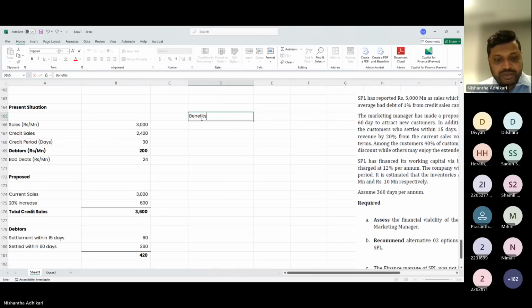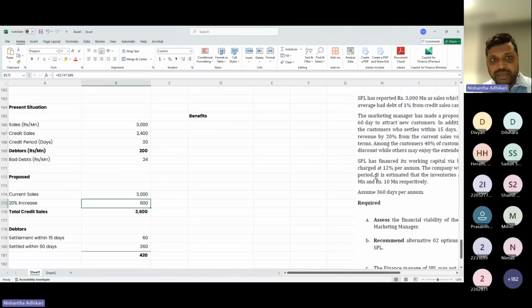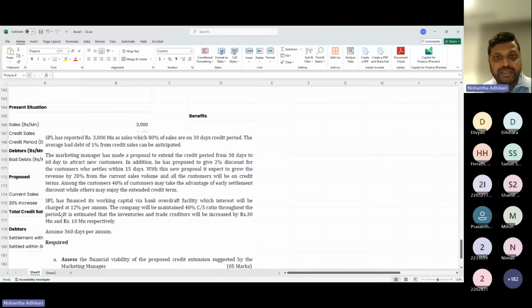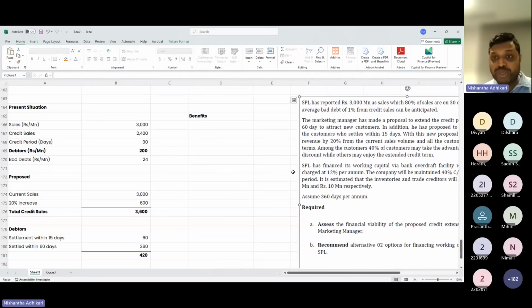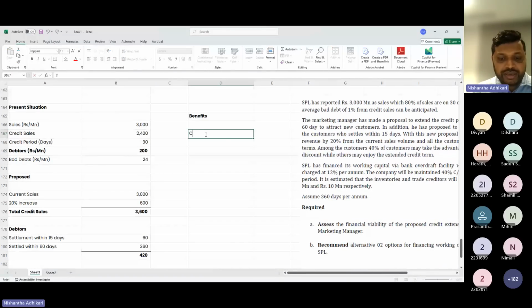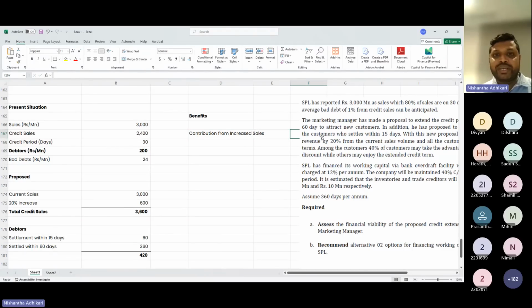Now, what has happened due to this proposal? Your sales have grown by 600 million. Therefore, your contribution will grow. Contribution from increased sales.